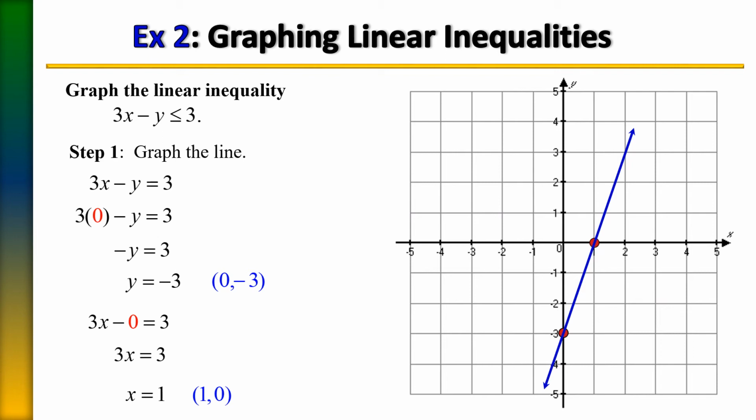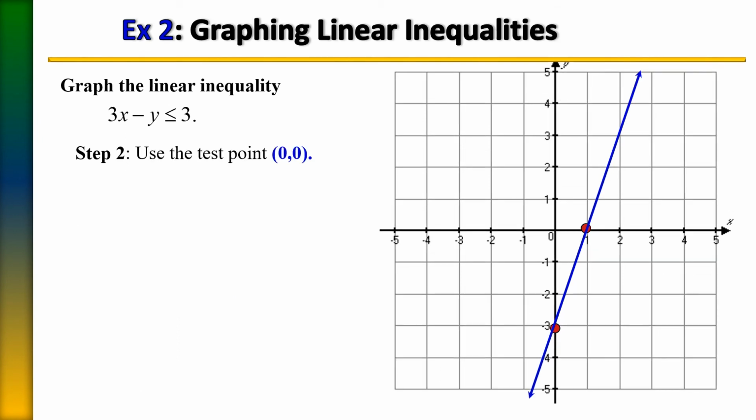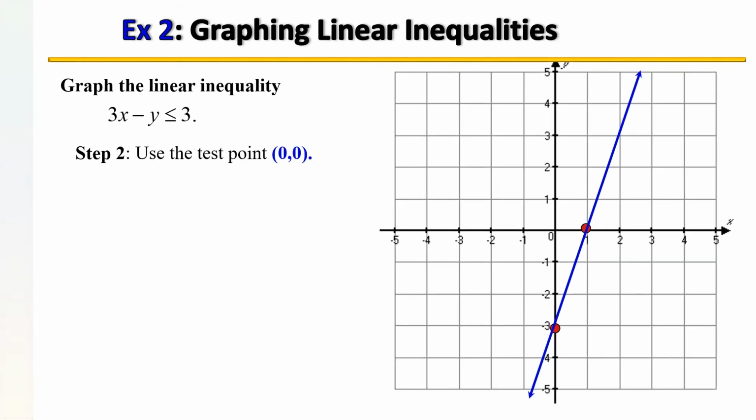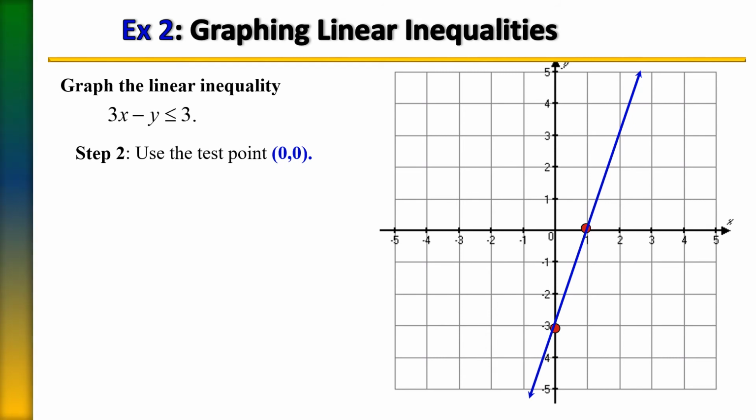So the upper or lower region, well, you can use the test point method, and it will easily determine which side you would shade. So let's do that on another sheet of paper there. Okay, let's go ahead and plug in that test point of 0, 0.